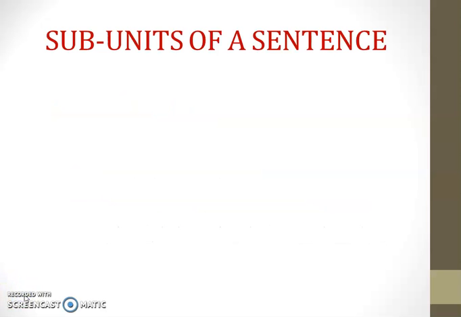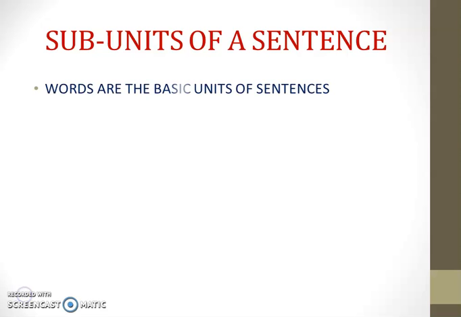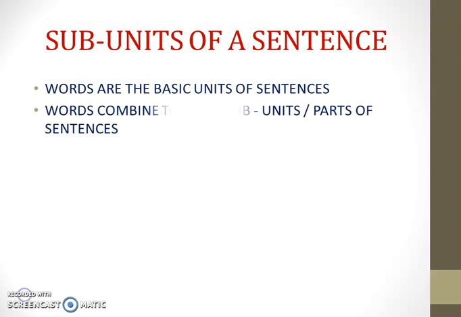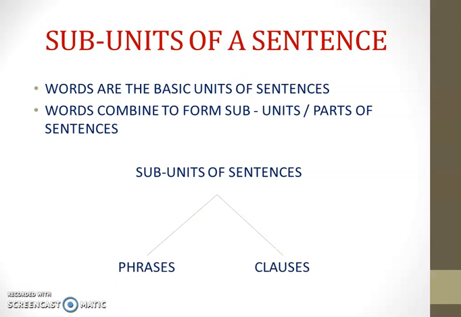So as I told you, we are talking about the subunits of a sentence. Words are the basic units of sentences. Words combine to form the subunits or parts of sentences. And the subunits of sentences are classified into two, that is, phrases and clauses.